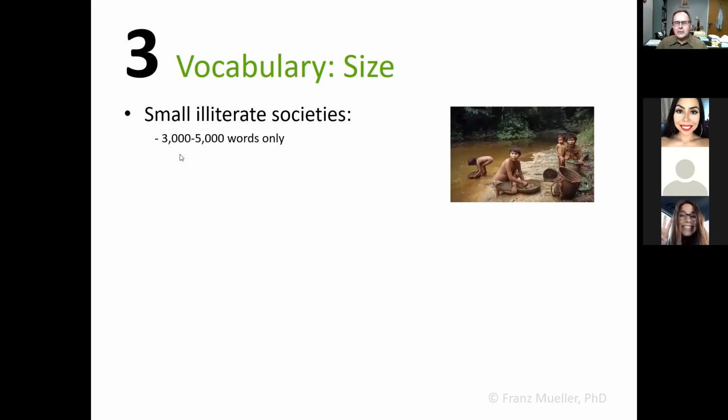And in a society like an Amazonian Indian society, you would probably have a very large number of words that describe the local environment, that give the names of local plants and local animals, and in fact parts of plants and animals and what you can do with them.